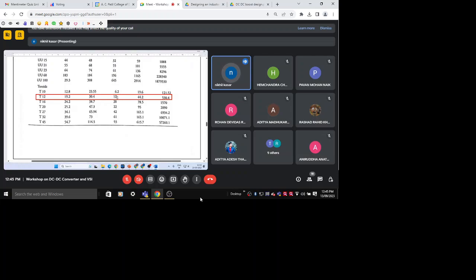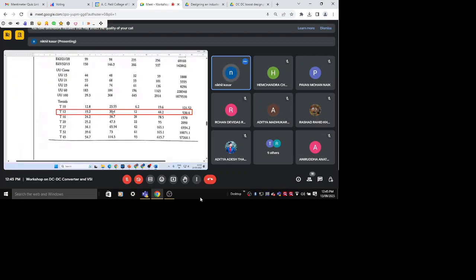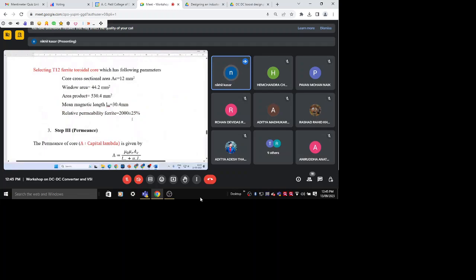Here in the third column the mean magnetic length Lm is 30.4 mm, and the relative permeability mu r is 200. The absolute permeability mu naught is 4π times 10 raised to minus 7.